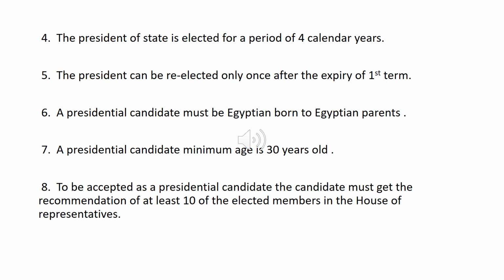The president can be re-elected only once, meaning that he runs for elections that year, and if he was elected, he can stay for 6 years in office, and after that he can run for another term.